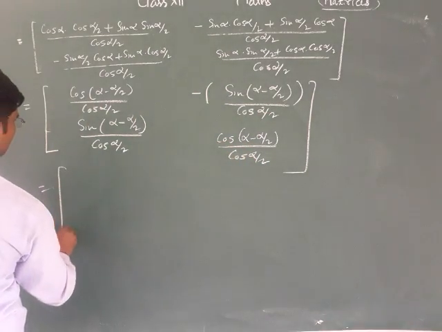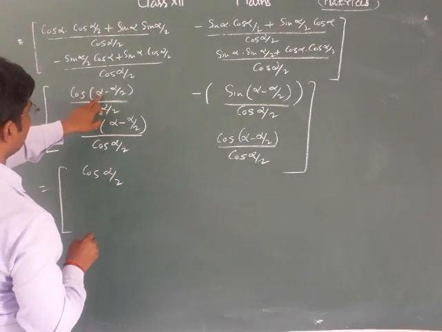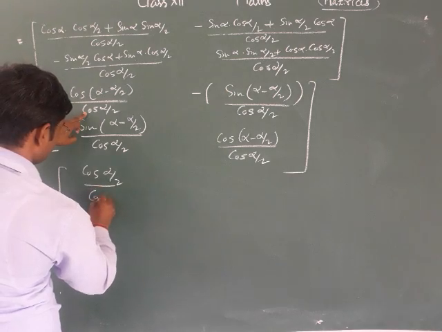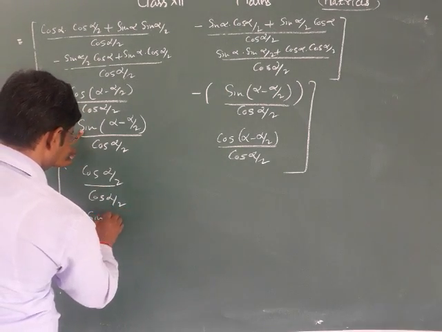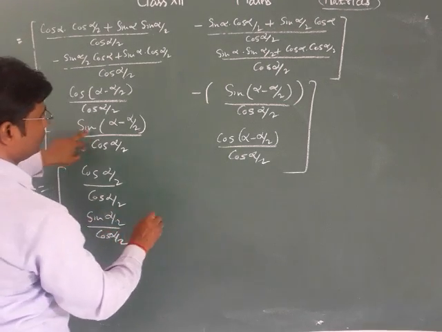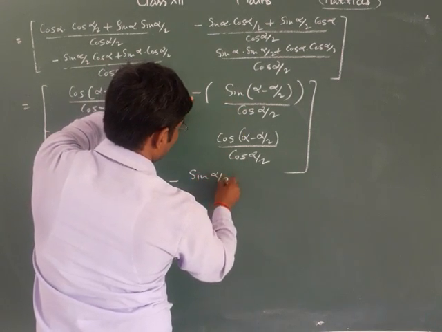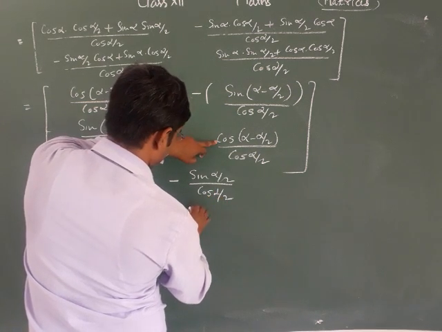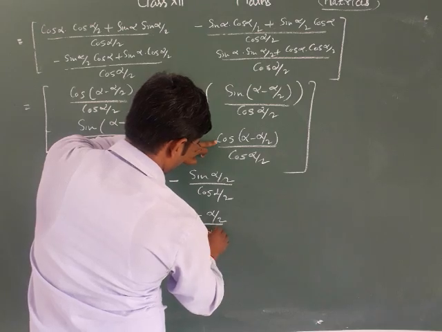So now this is cos alpha by 2 upon cos alpha by 2, and this is sin alpha by 2 upon cos alpha by 2, so this is minus sin alpha by 2 upon cos alpha by 2 and cos alpha by 2 upon cos alpha by 2.